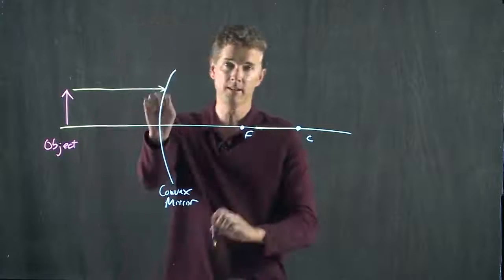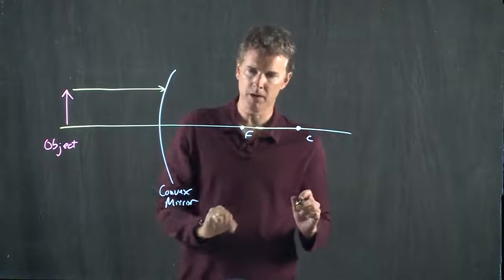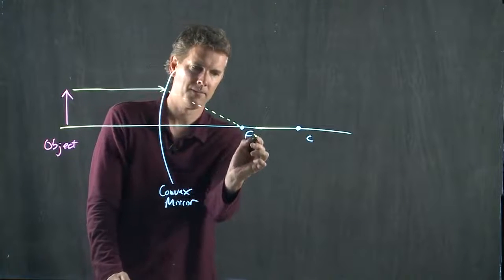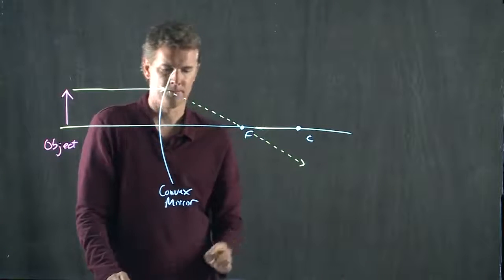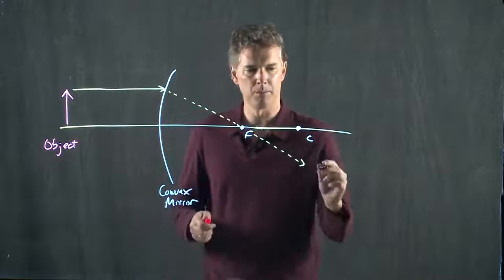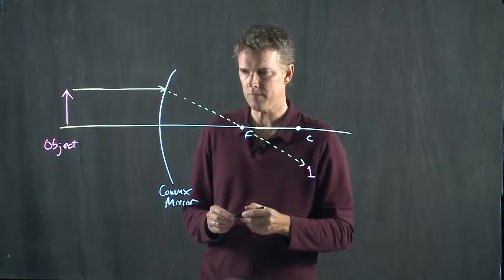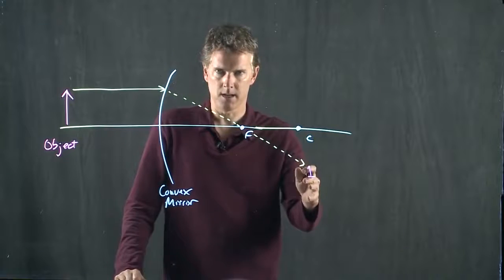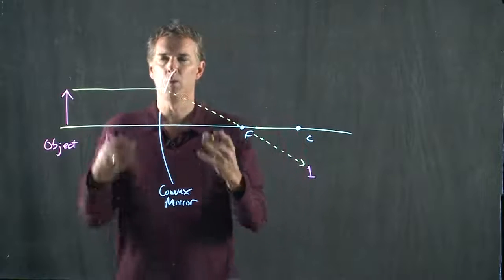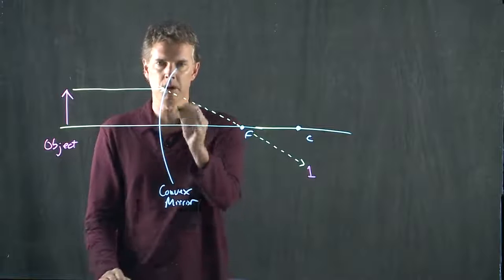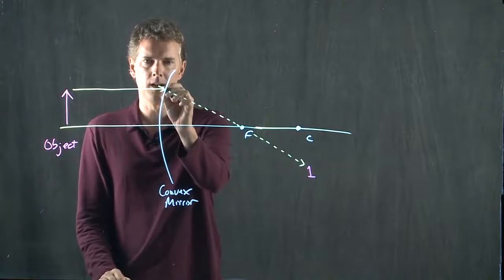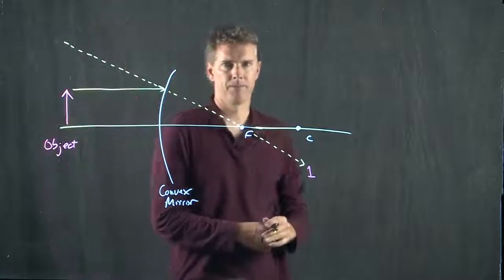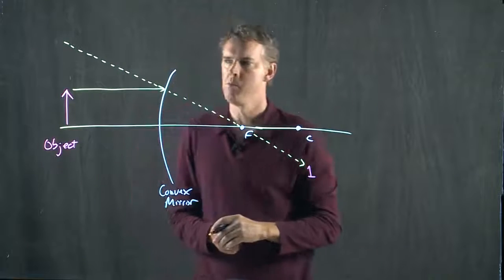So there's no real light ray that penetrates through the mirror. It becomes a dashed line. Okay, this was rule number 1. All right, if it's a dashed line, what that means is when you look at this mirror, it's going to look like it came from there. All right?